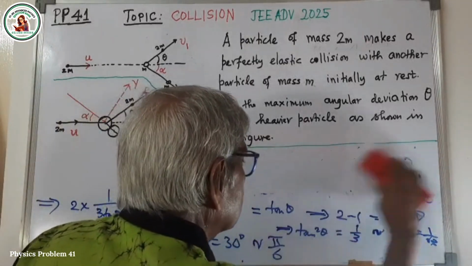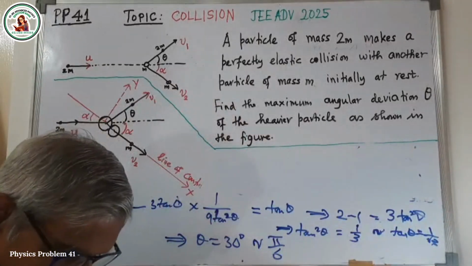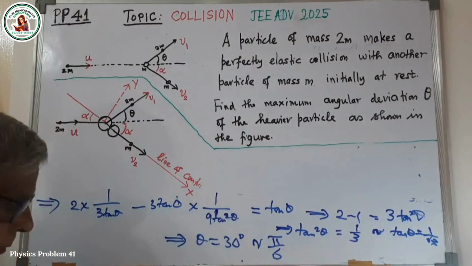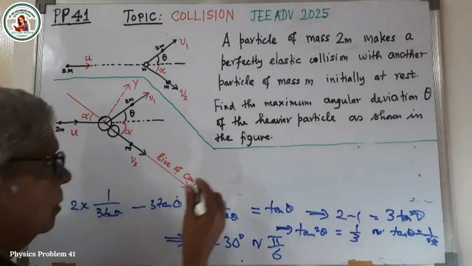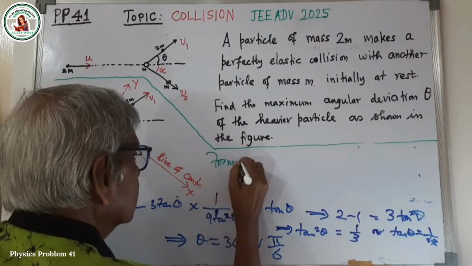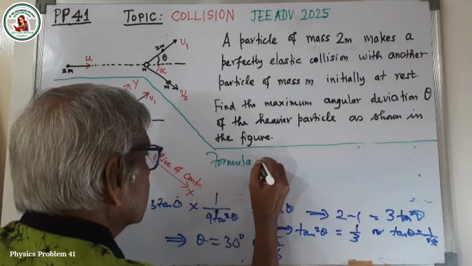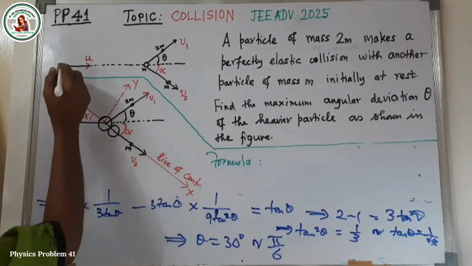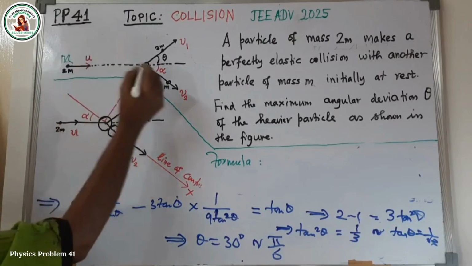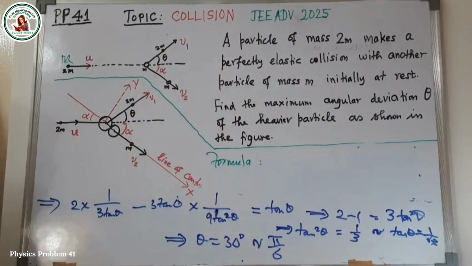As a note, just take note of the formula. We mark the larger mass as capital M, small mass as small m.